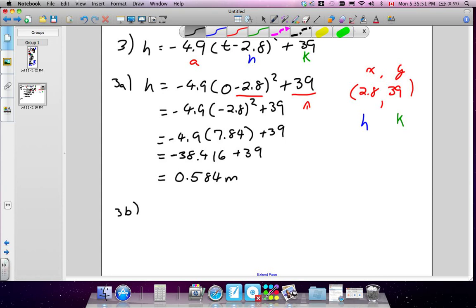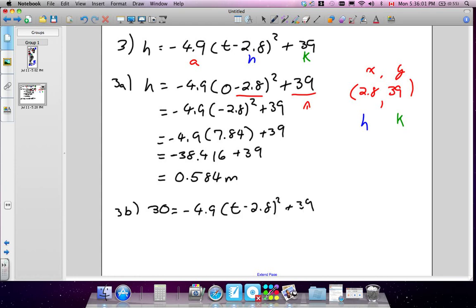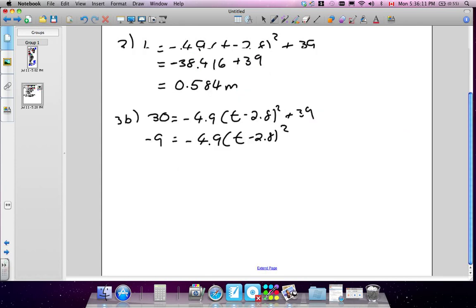Okay, so this is 3b, correct? It says, when is the height 30 meters? So we replace h with 30. I brought 39 over, and I got negative 9 is equal to this. Did you get that? Then I have to divide by 4.9.